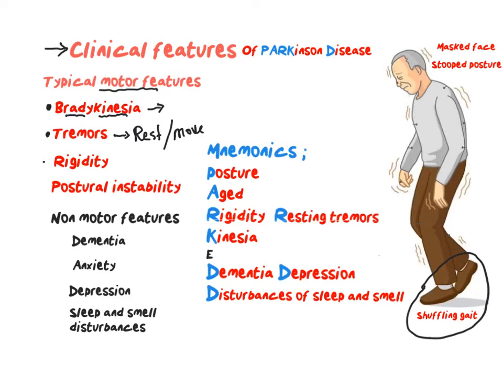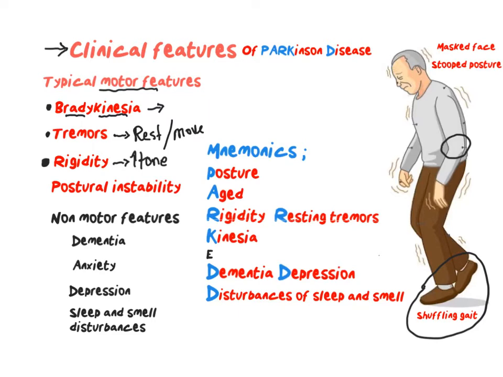Next is rigidity. Now, rigidity is increased in tone. When the body muscle tone increases, you have the rigid figure. The rigidity is mostly cogwheel rigidity. When you try to flex the elbow, there is increased resistance throughout, and it's the same, right?